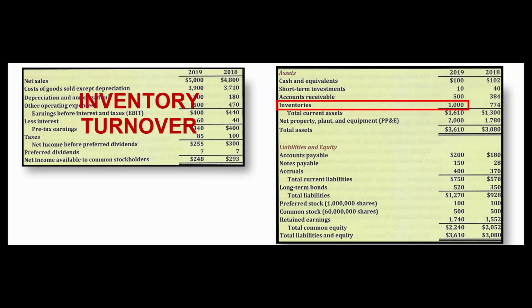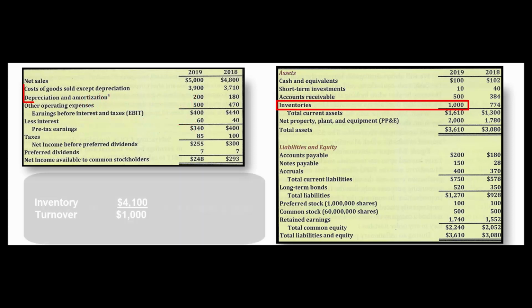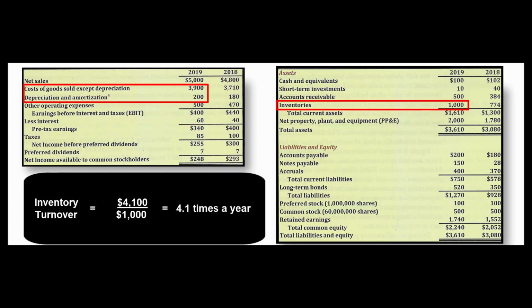Another asset for us to manage is our inventory. Are we effectively turning it? The faster we turn our inventory, the better. And so we might calculate our inventory turnover ratio as cost of goods sold over inventory. And in this income statement, they have broken out the depreciation and amortization from the other cost of goods sold.